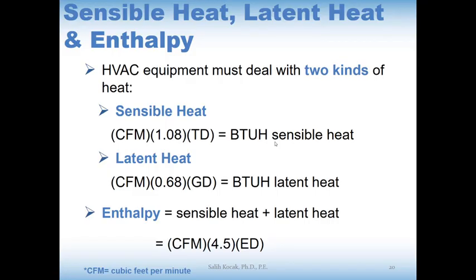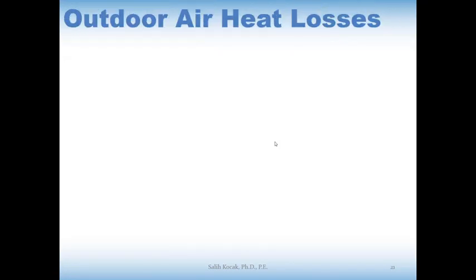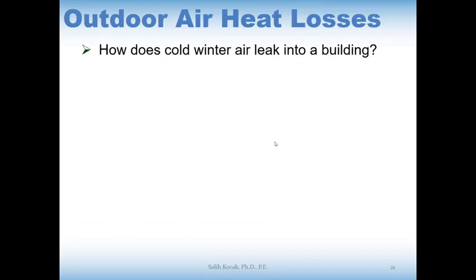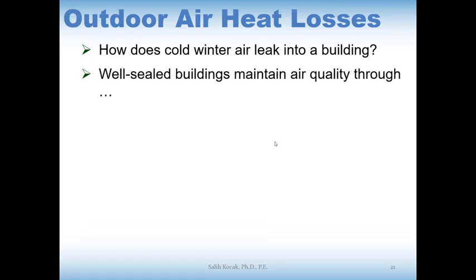And these are going to be needed also for us. And how is it going to be needed here? How does cold winter air leak into a building? We know that it leaks into a building through the doors, windows, and other small openings found on the skin of a typical building.